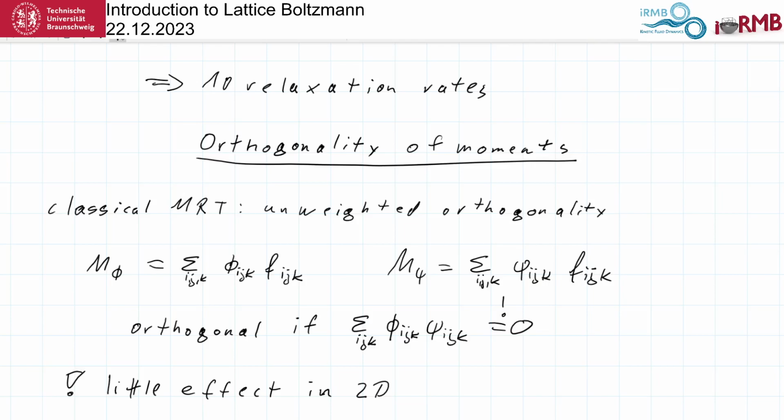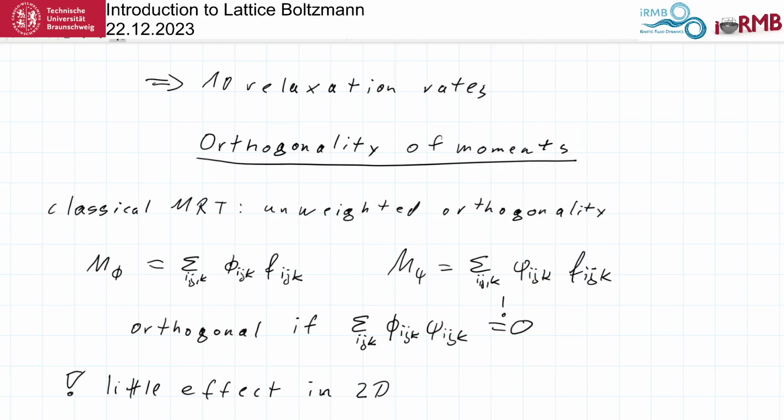I read this sentence very often in papers 20 years old or so, and it turned out that the generalization to 3 dimensions is absolutely not straightforward. This should actually be known from the Navier-Stokes equation itself, because the Navier-Stokes equation in 2 dimensions and in 3 dimensions behaves completely differently.